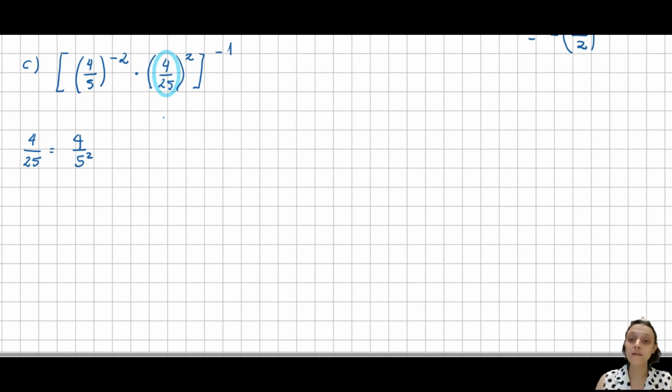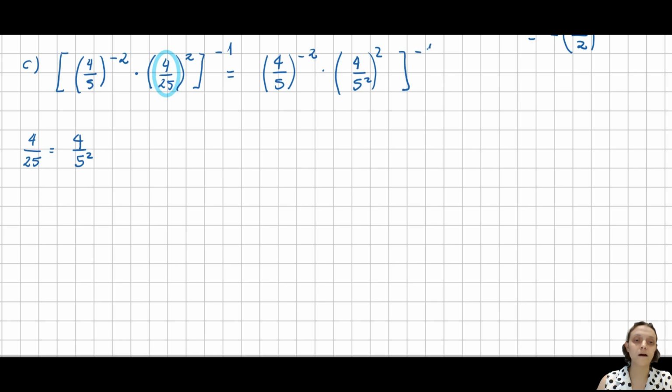Then I am going to rewrite this part right here, 4 divided by 5 to the power of 2, all to the power of 2. This is to the power of minus 1. You might wonder why we are not operating this one right here.